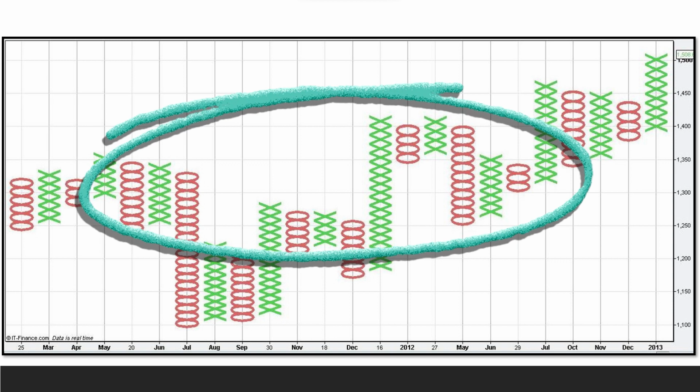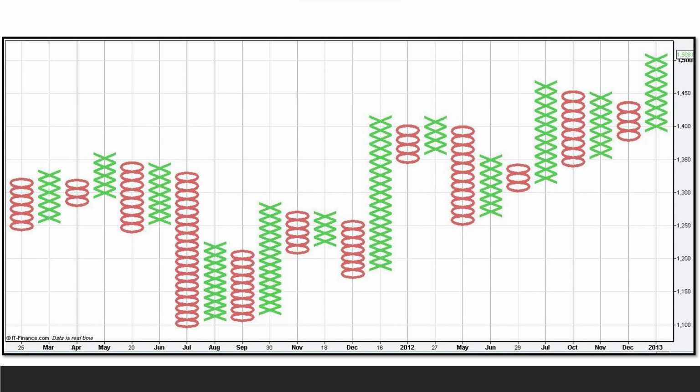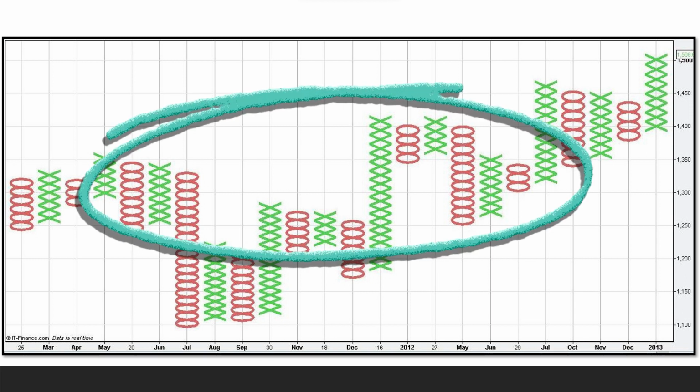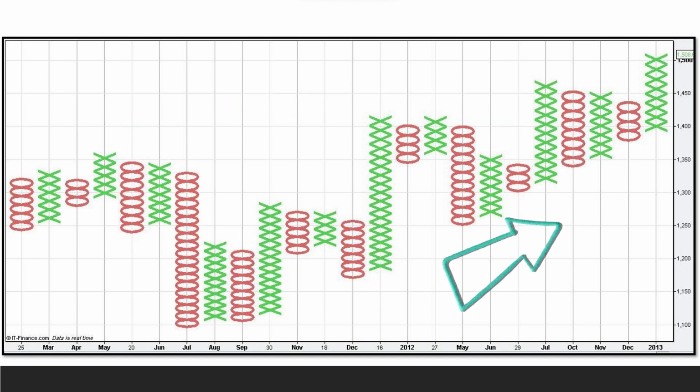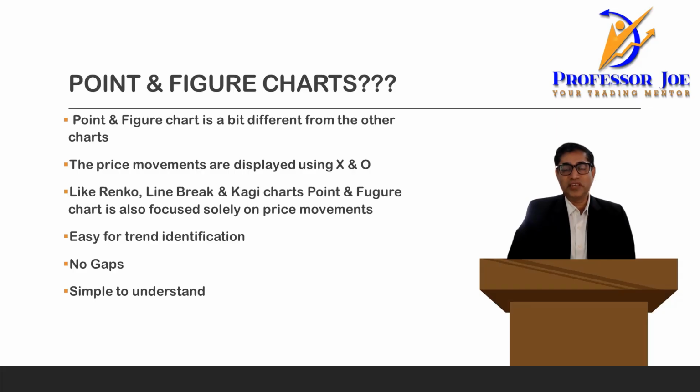The price movements are displayed using X and O. Like Renko, line break, and Kagi charts, point and figure charts are also focused solely on price movements. It is easy to identify trends. There are no gaps in the chart, and it is very simple to understand a point and figure chart. So these are some of the key features of a point and figure chart.